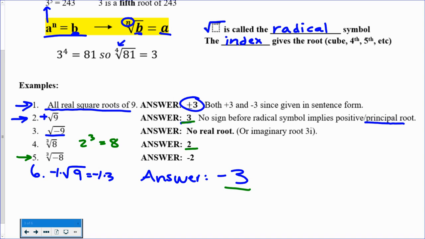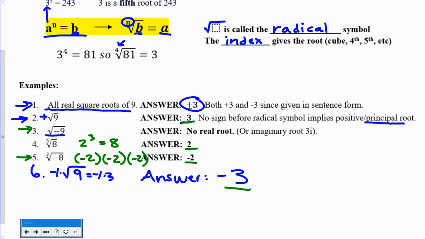Because when I have something like a square root, there's nothing times itself that gives you negative 9, because when you take a negative times a negative, it turns out positive. But we are taking a negative times itself 3 times, so that's going to make it negative. When I take negative 2 times negative 2 times negative 2, I'd get negative 8. So the cube root of negative 8 is negative 2.